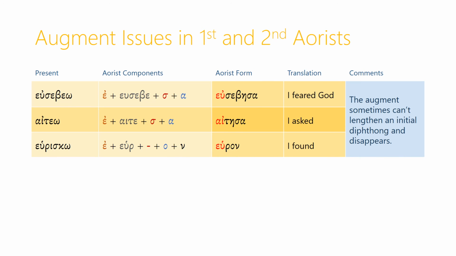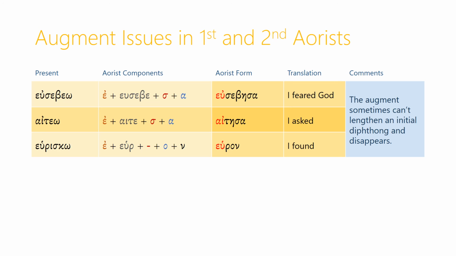Another thing to look out for with augments is that sometimes if a verb begins already with a diphthong, the epsilon can't really lengthen that diphthong, and it disappears. So with the verb eusebeo, when we try and add an epsilon onto that eu initial diphthong, we can't.